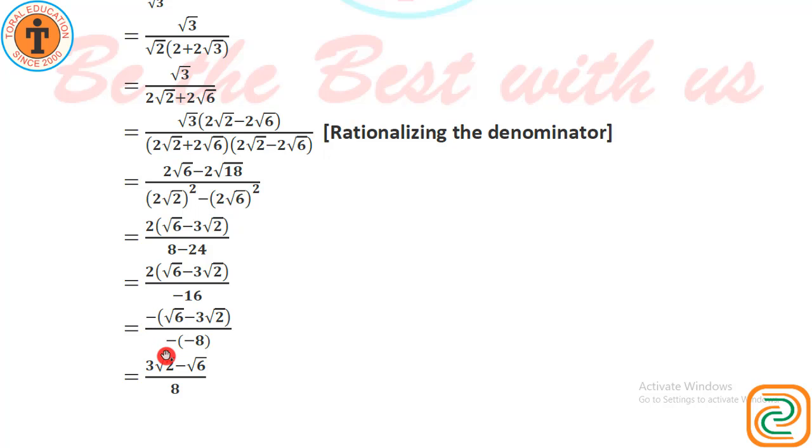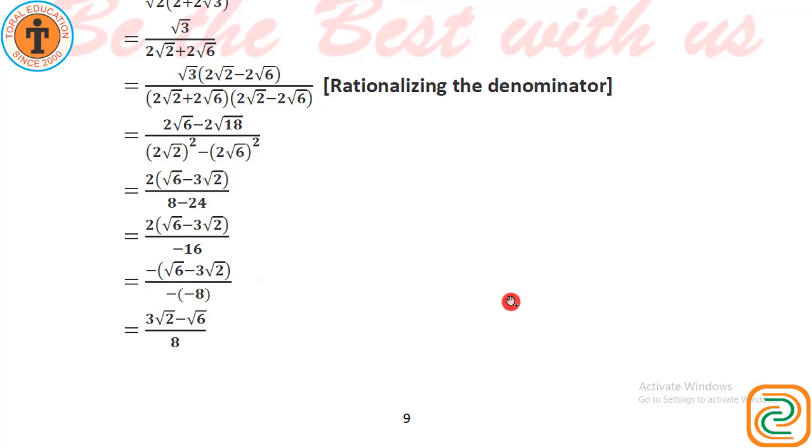If I take both the signs negative, it will become positive. So minus minus is plus, and this is minus root 6, and this is minus minus plus 3 root 2. So it is plus 3 root 2 minus root 6 upon 8. To get the denominator positive, I have taken here negative sign.